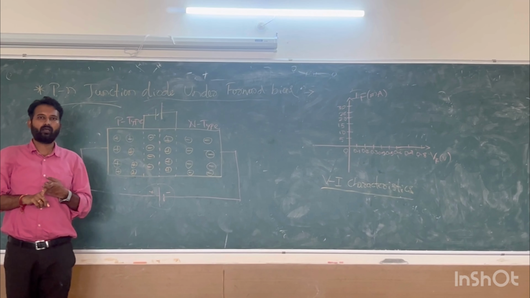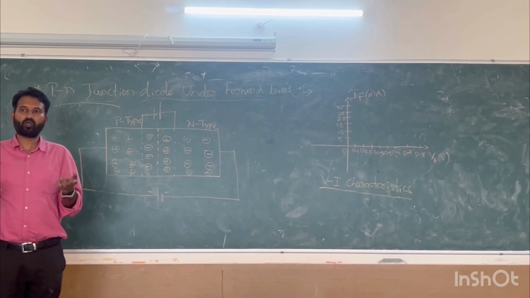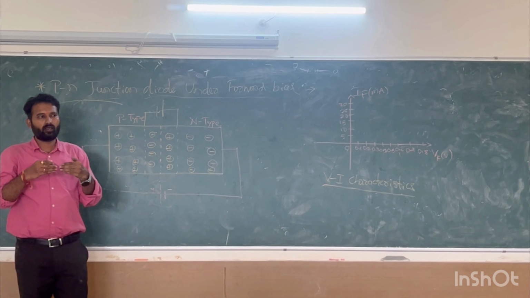Internal potential. That was induced because some carriers moved in the opposite direction. Consider I don't have any voltage applied. This internal potential has been created because of carriers moving in the opposite direction.